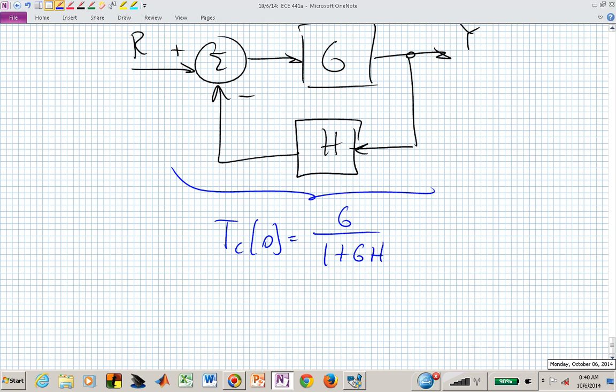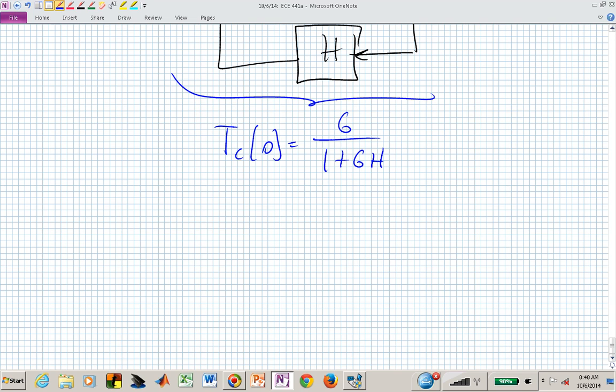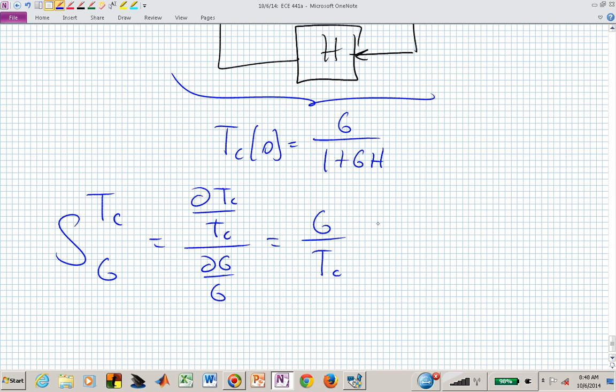We've derived that before. And now let's compute the sensitivity of T sub C with respect to G. That's the partial of T sub C over T sub C over the partial of G over G. Or this is G over T sub C, partial of T sub C with respect to G.